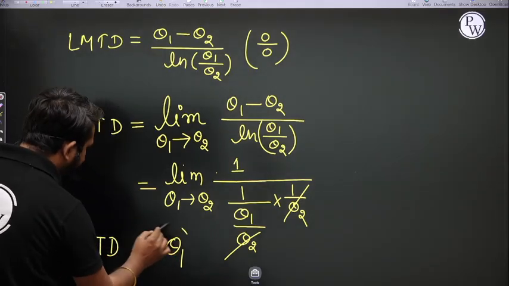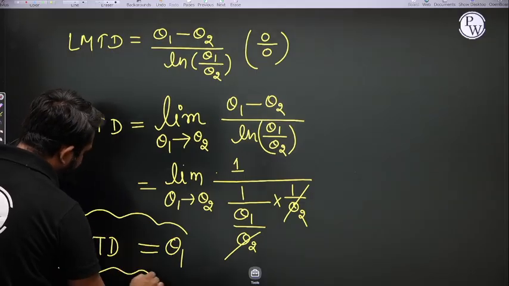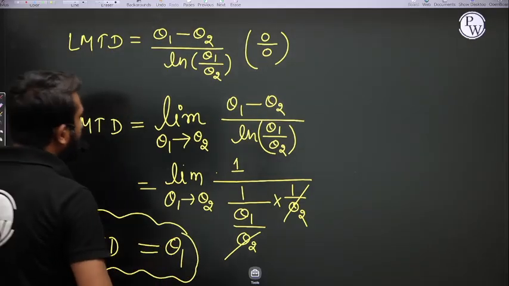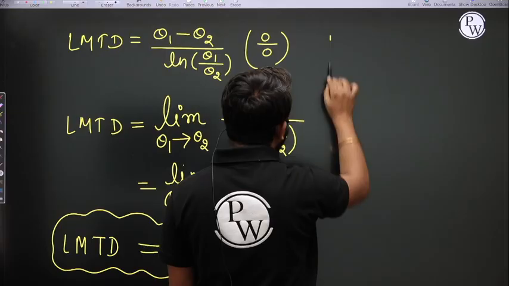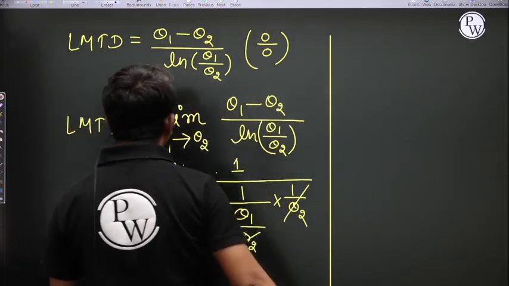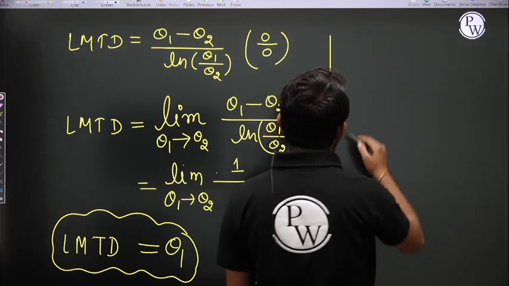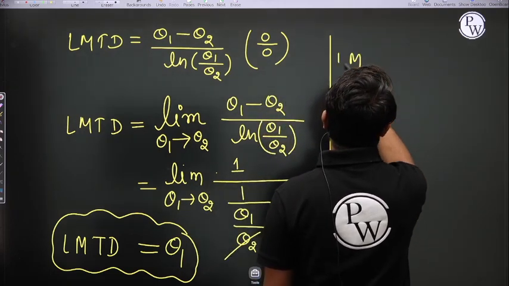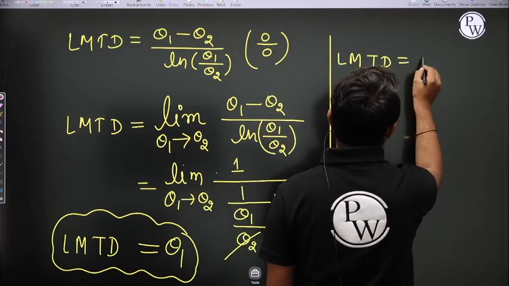And similarly, if you assume that theta 2 approaches theta 1, in this case you get the LMTD as theta 2.